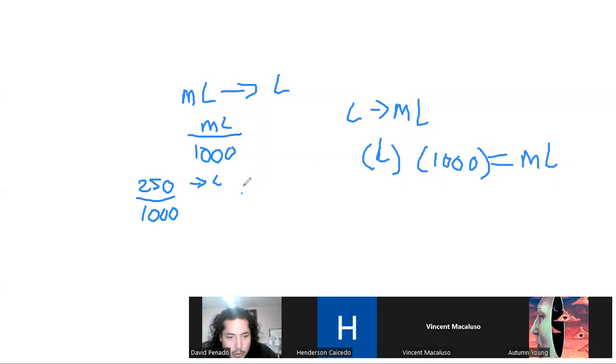That changes to 0.25 liters. The other way, we can turn this back into milliliters, just times it by 1,000, and it goes back to 250.